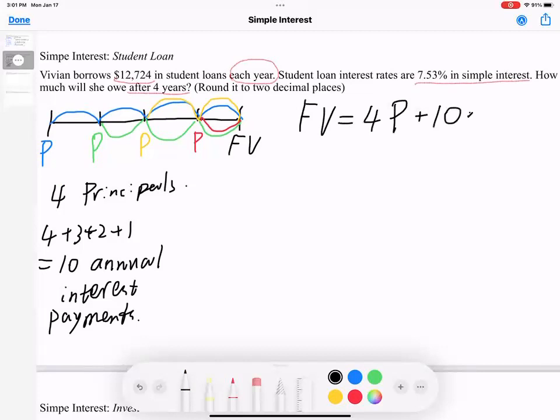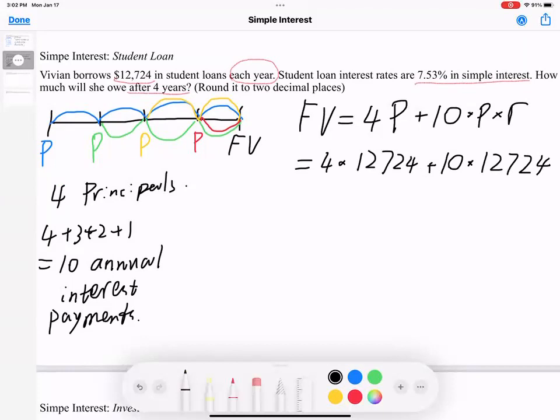And we know the annual interest payment will be just the principal multiplied by the rate. In our question, the principal is $12,724, and we have 10 interest payments, each the principal multiplied by the annual interest rate, 7.53%.